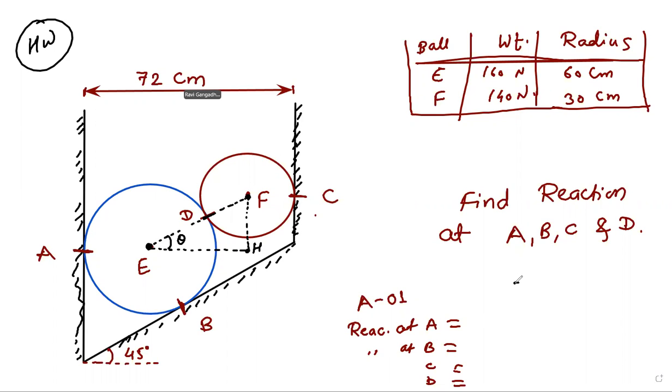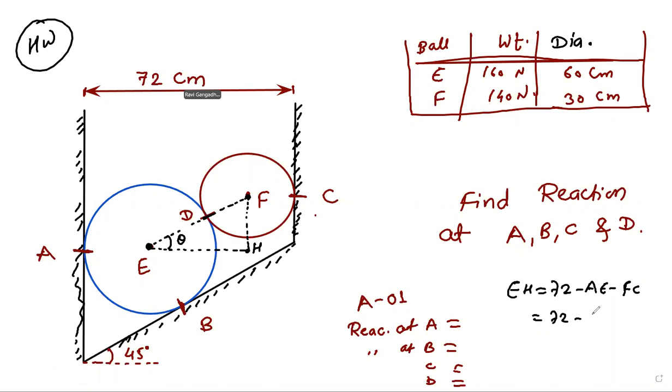How will we get EH? EH is 72 minus AE minus FC. AE and FC are known. 72 minus AE 60. Oh, sorry, half of this. Radius or diameter? Okay, sorry, not the radius. Please change it to diameter.